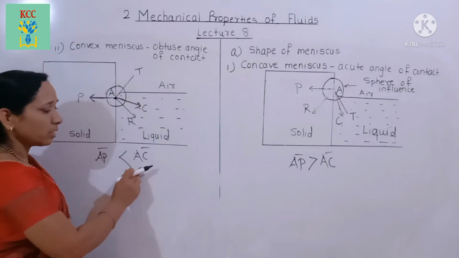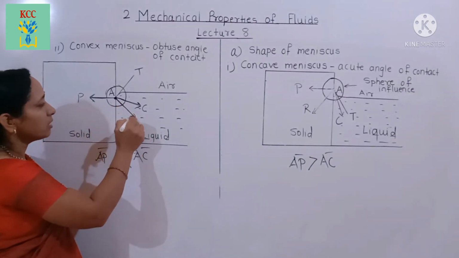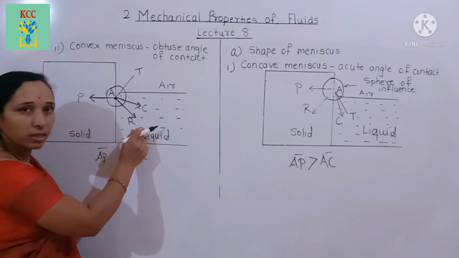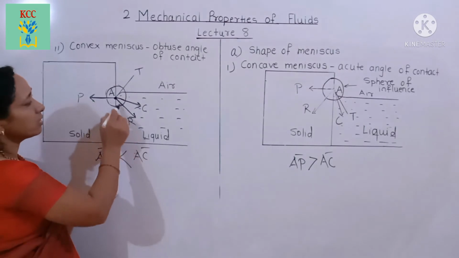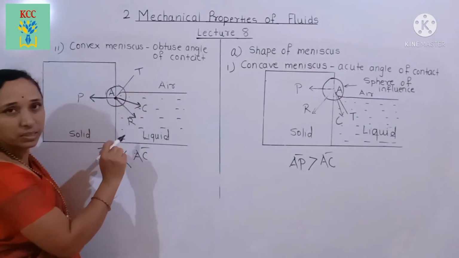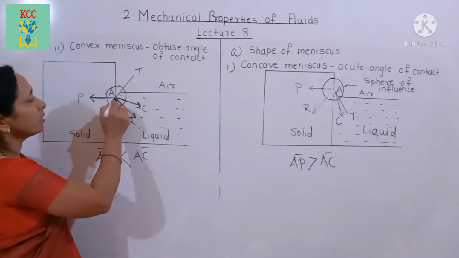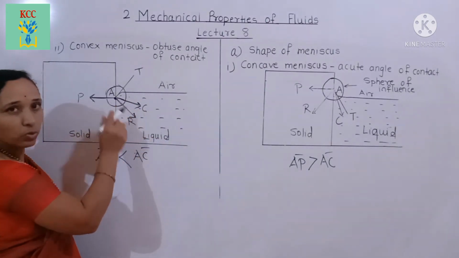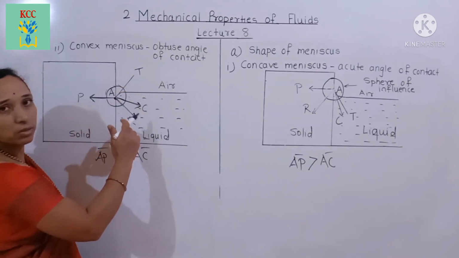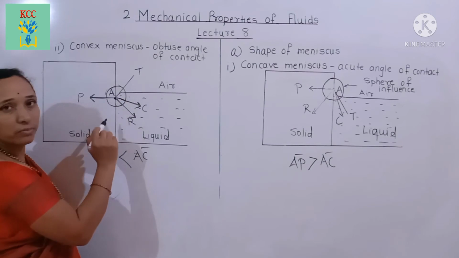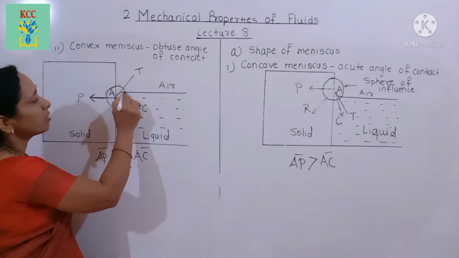Here AP bar is less than AC bar, therefore the resultant force, that is AR bar, lies in the liquid, and therefore to become this resultant force normal to the liquid surface, for that molecule A, molecules of a liquid like A move down against the wall, and therefore the meniscus becomes convex.